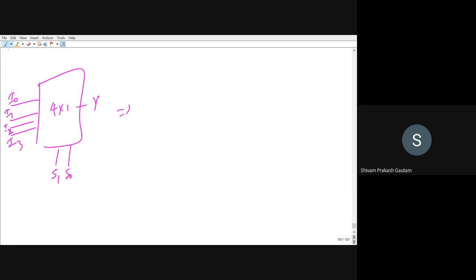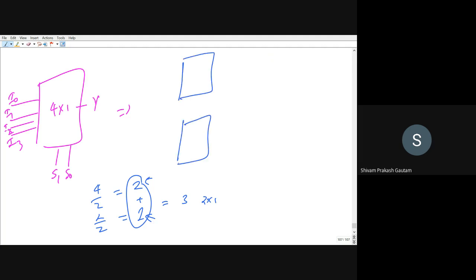So we divide 4 by 2, which is 2, and again divide 2 by 2, which is 1. So in total we will require three 2x1 multiplexers: two 2x1 multiplexers in the first stage, then one 2x1 multiplexer.